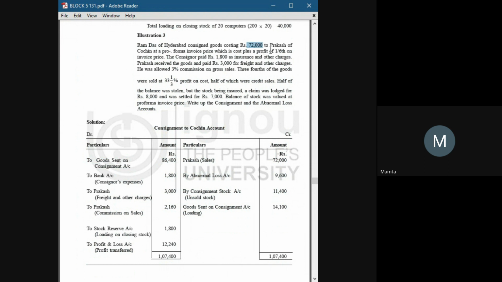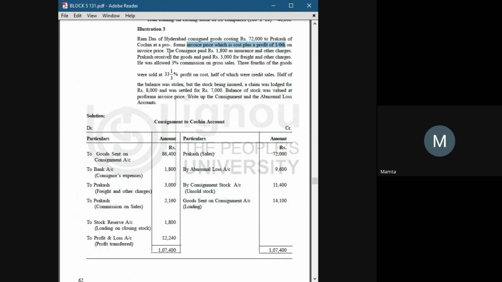This is 72,000, the cost price. The invoice price is cost plus a profit of 1 by 6th on invoice price.